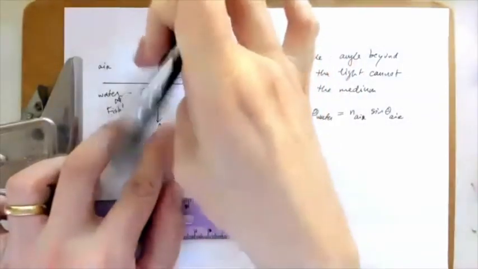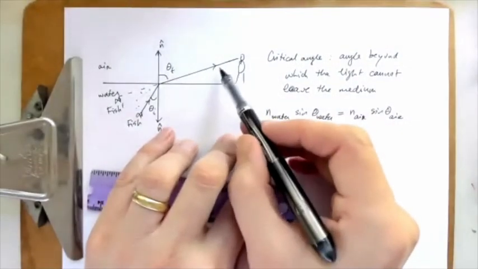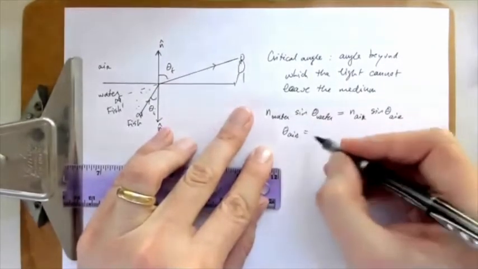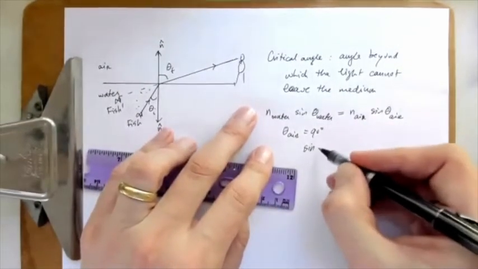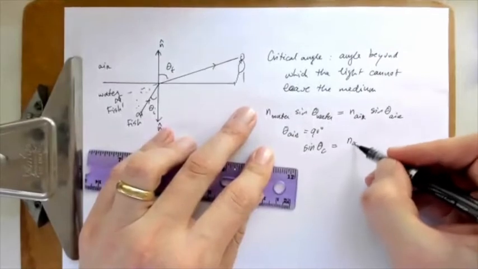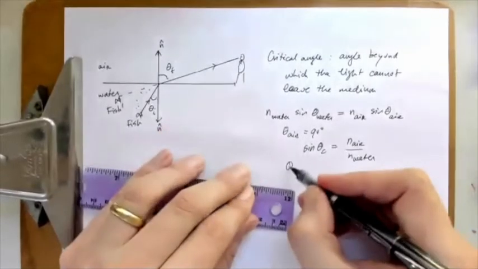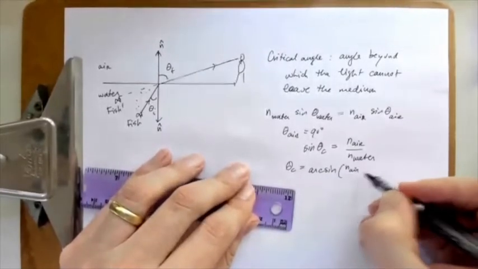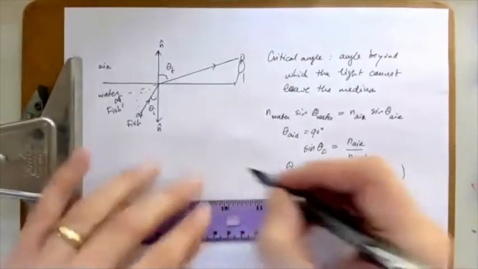For the angle where theta air is exactly 90 degrees, sine is 1, and then we have sine theta c, for critical, is n air over n water, and theta c is the arc sine of n air over n water. And that's what we call the critical angle.